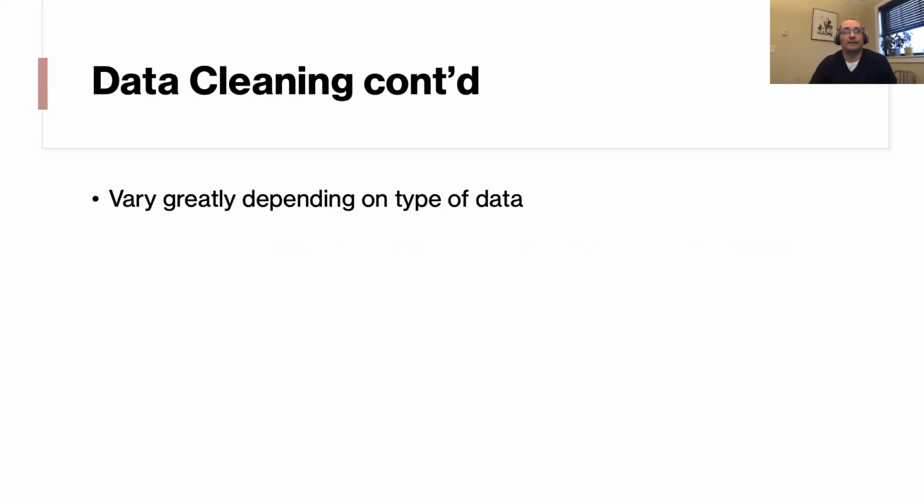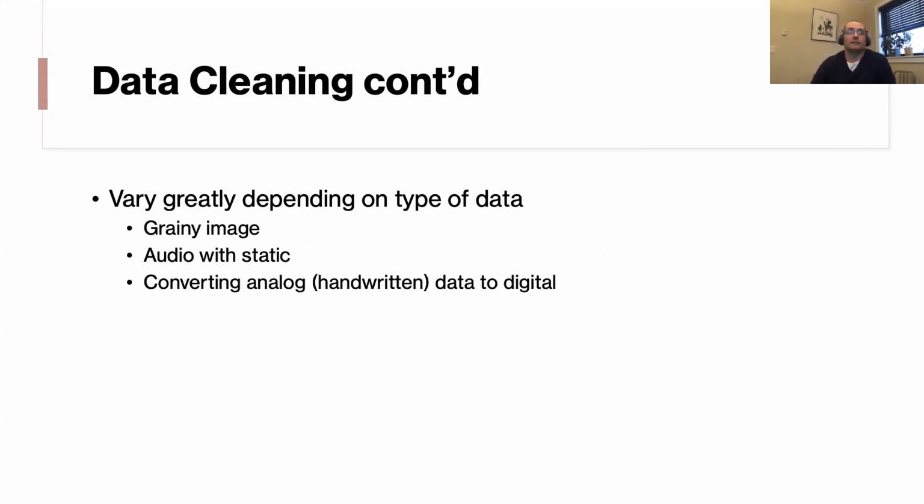And again, I'll say this often today, but this is going to vary greatly depending on what type of data you have. Some examples of data cleaning: if you have a grainy image, there might be software you can use to touch that up. You may have audio with static or just unwanted noise. Unfortunately, you'll come across some handwritten documents.